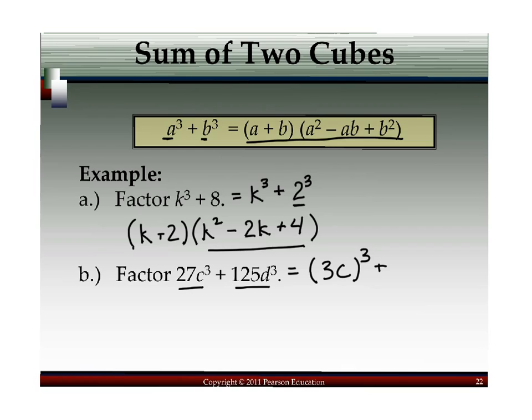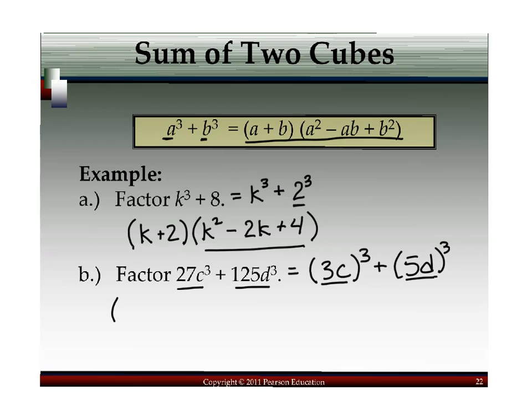Well, a value that is cubed that equals 125 is 5 cubed. So 5d all cubed. This right here, 3c, is going to be my A in the factoring pattern above. And then my 5d is going to be my B.